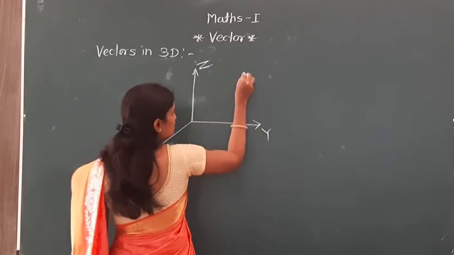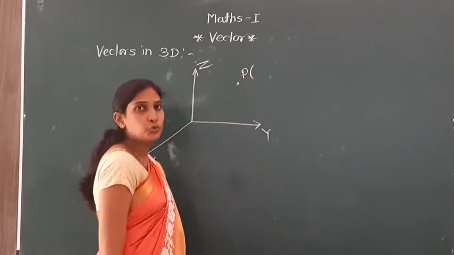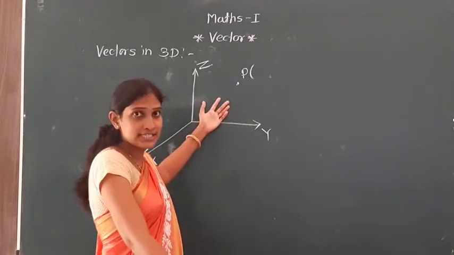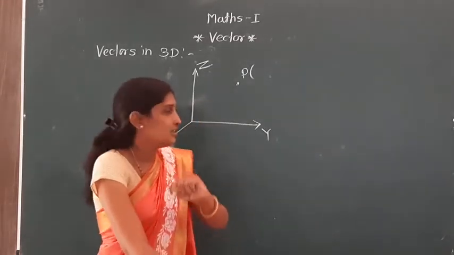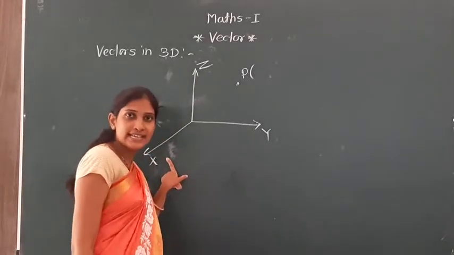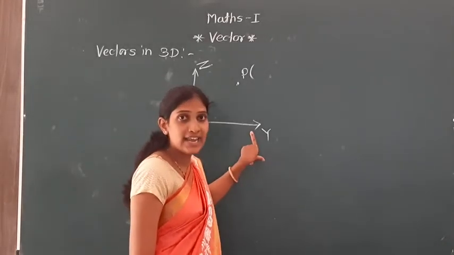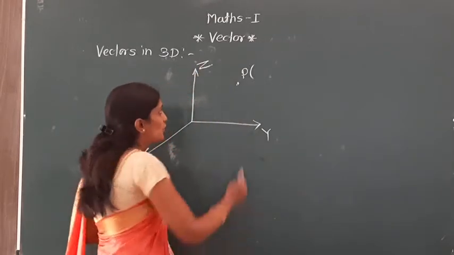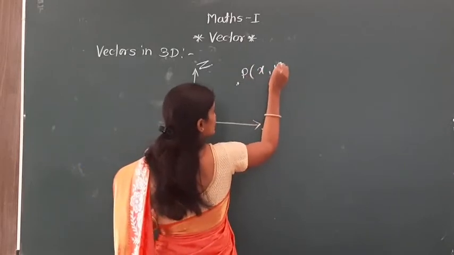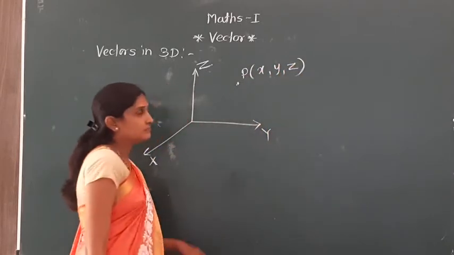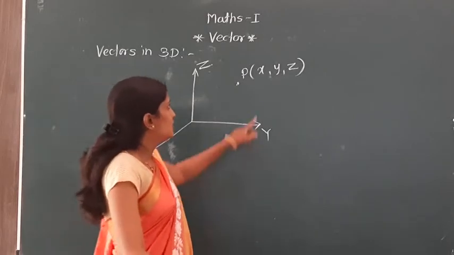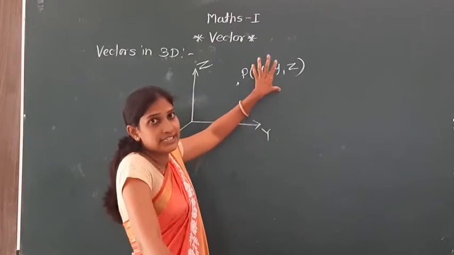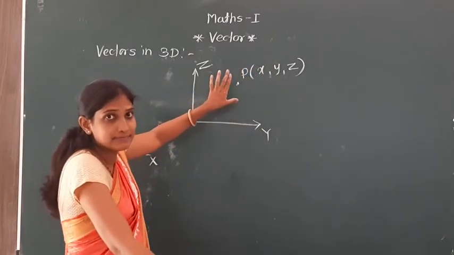Suppose there is a point P. In a two-dimensional system there are 2 coordinates; similarly, in a three-dimensional system there are 3 coordinates. The first coordinate is related to the x-axis, the second to the y-axis, and the third to the z-axis. So its coordinates are P of x, y, z. This is the coordinate in the three-dimensional system.